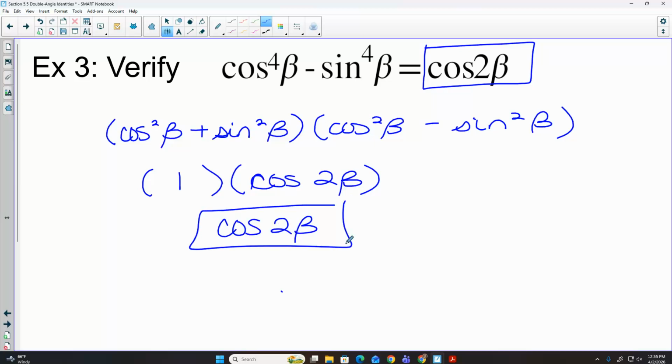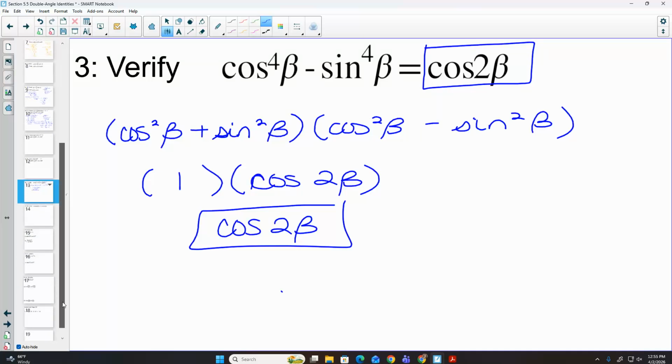Gotta get cosine 2 beta. So same formula, same process with proofs, just you have more formulas to work with now. Do we need another one like this? Let's do one final slide.